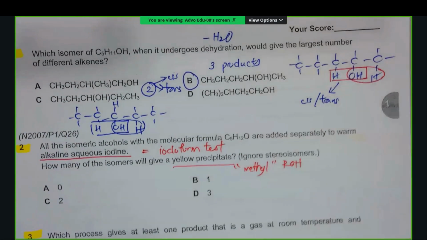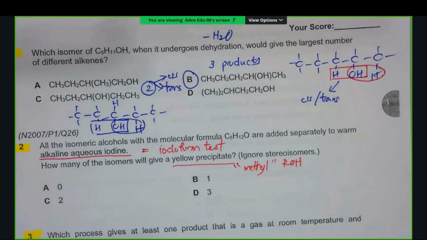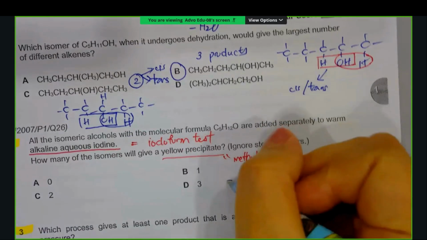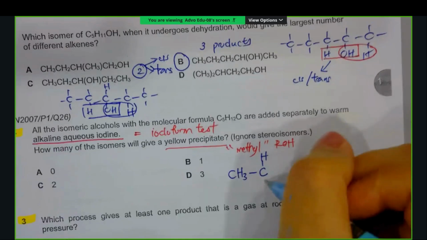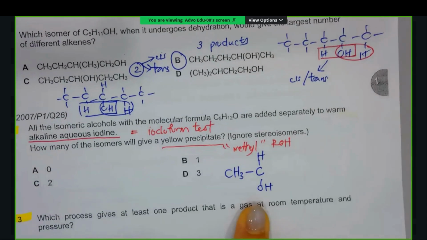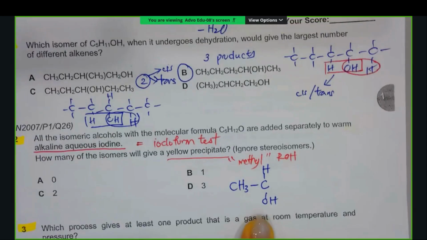So we start by drawing the structural feature, this methyl alcohol, which means I need to have CH3 bonded to a CH with an OH at the bottom. I need to have this structural feature here, so I will draw this first. Next, let's look at the molecular formula.